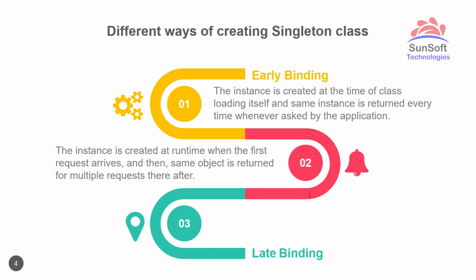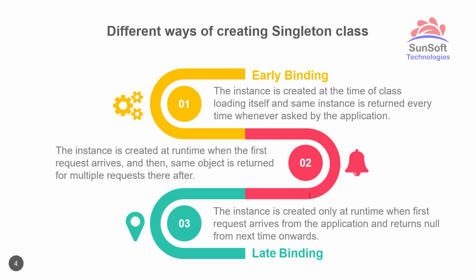Then the other type of late binding, in which case the instance is again created only when the first request arrives, but the subsequent requests will not return the object; rather, they will return null. It means only in the first case the request comes, the object is created and returned, and from the second request onwards no object is returned.